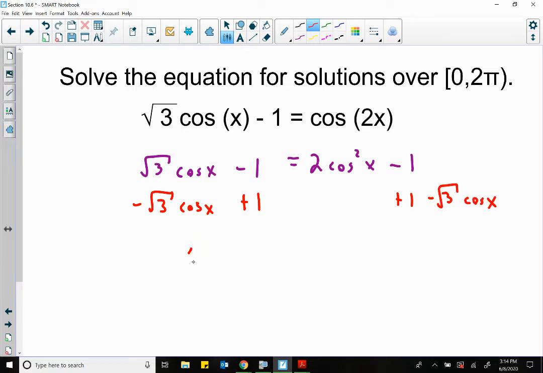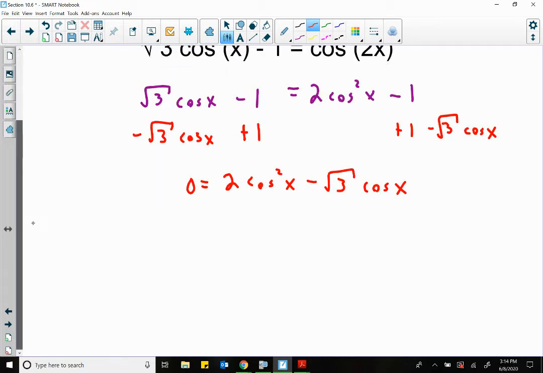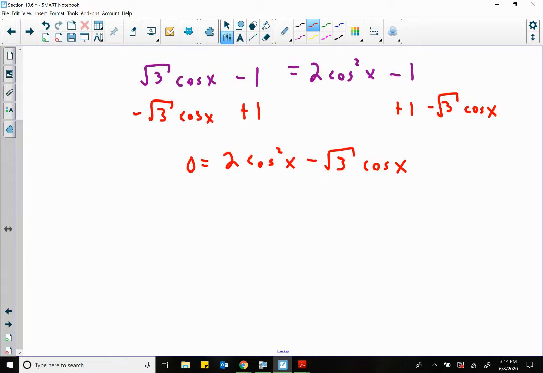So what do I got? 0 equals 2 cosine squared x. Those cancel out, minus the square root of 3 cosine x. And hopefully when you got all this all on one side, you're like, oh my gosh, both of these share a cosine.